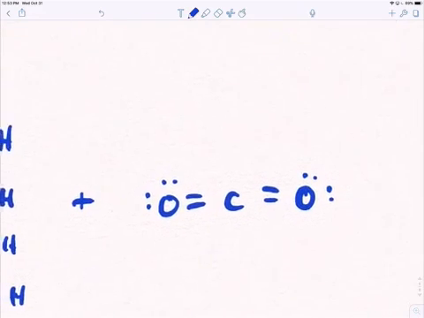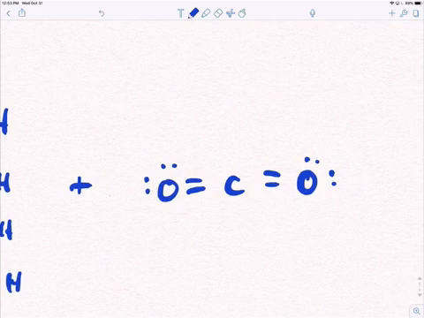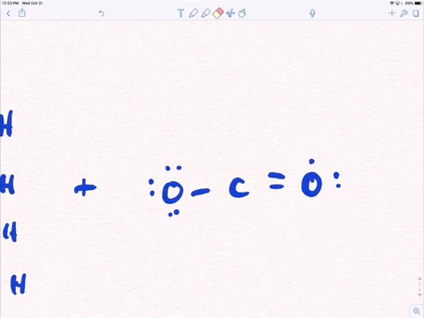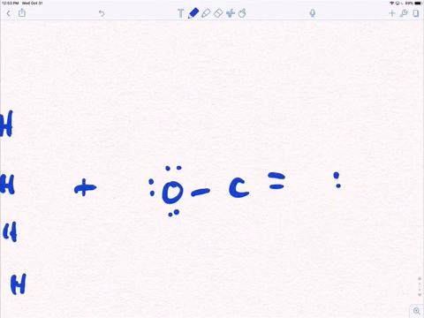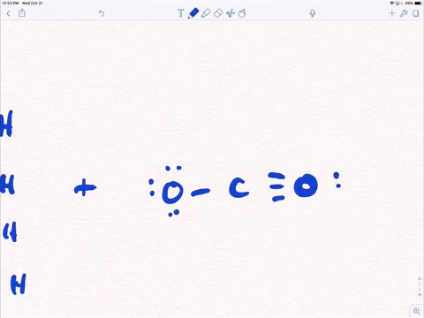And why the double bond? Well, you could do a triple bond, but then one oxygen would have a formal charge of -1 and the other a charge of +1. That's not going to happen.